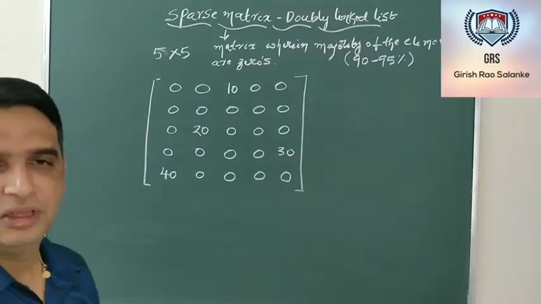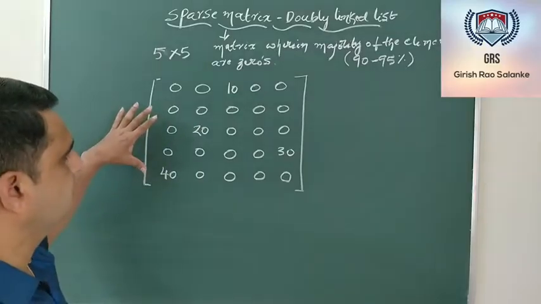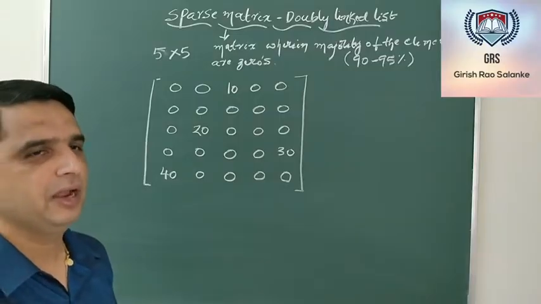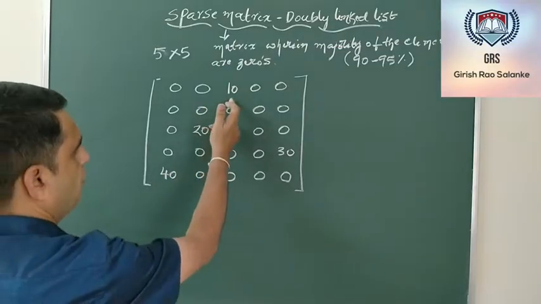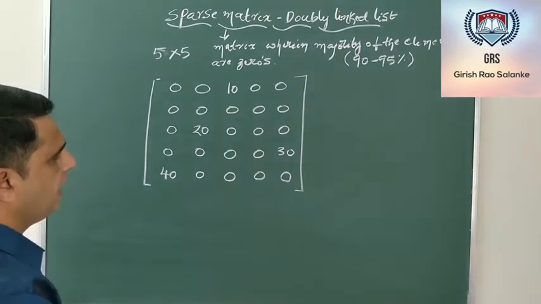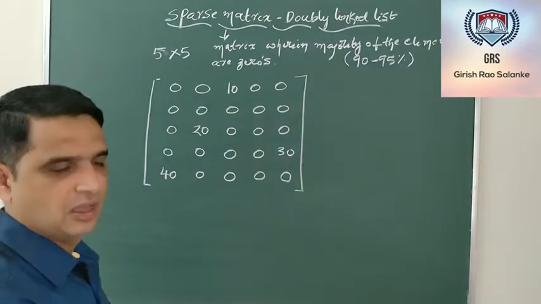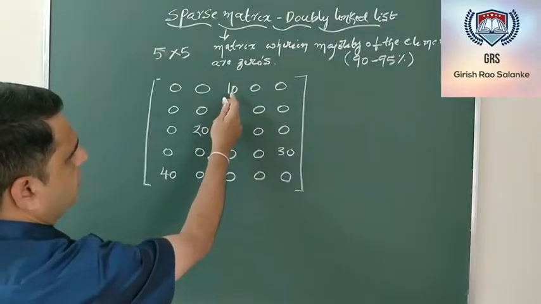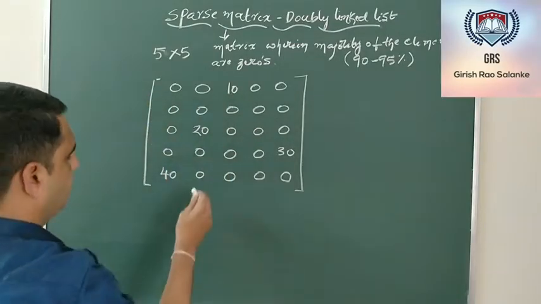Now what we will do is represent this sparse matrix in a doubly linked list. Now how to represent it using a doubly linked list? If you see, there are 4 non-zero elements, so let me have 4 nodes to denote these non-zero elements. The first element is 10, and I know that the position of 10 is the first row and third column.